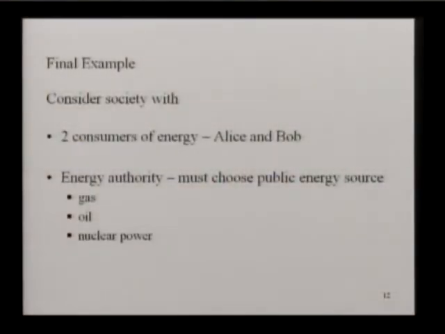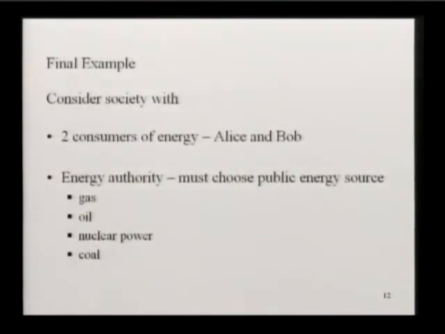And let's suppose that there are 4 alternatives that the energy authority could choose from. It can only choose one of these. It would be too expensive to have 2 different kinds of energy. But the 4 it considers are first gas, oil, nuclear power, and coal.